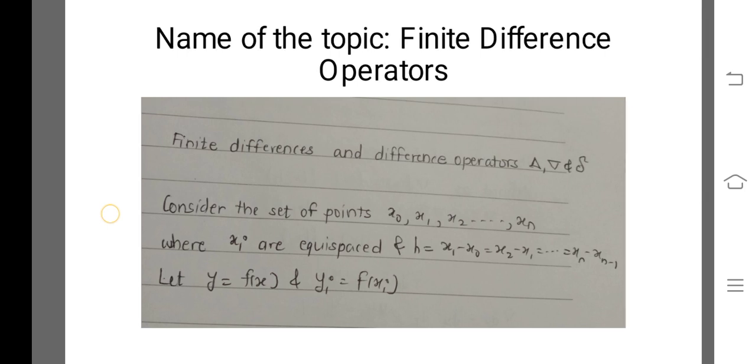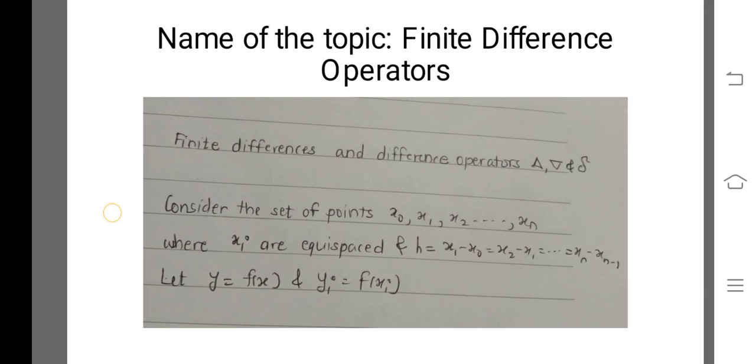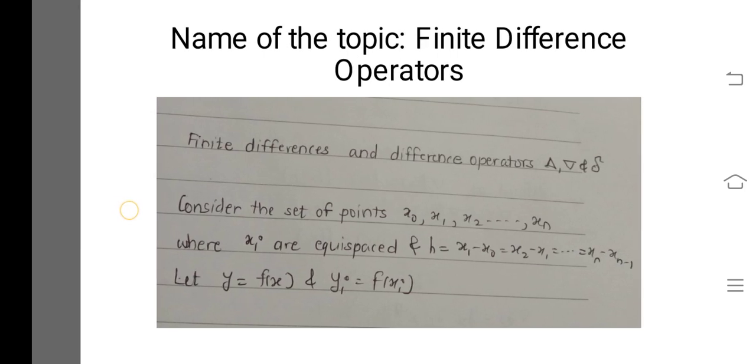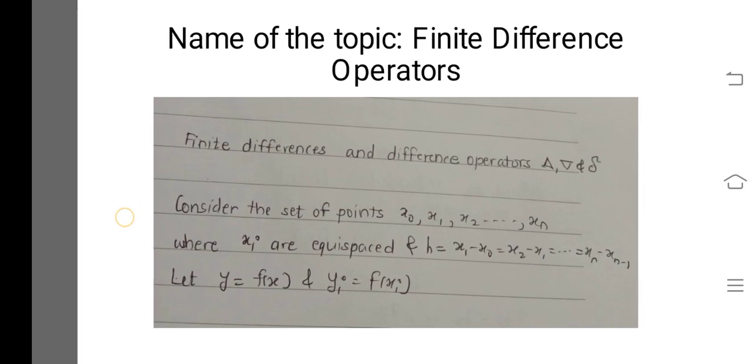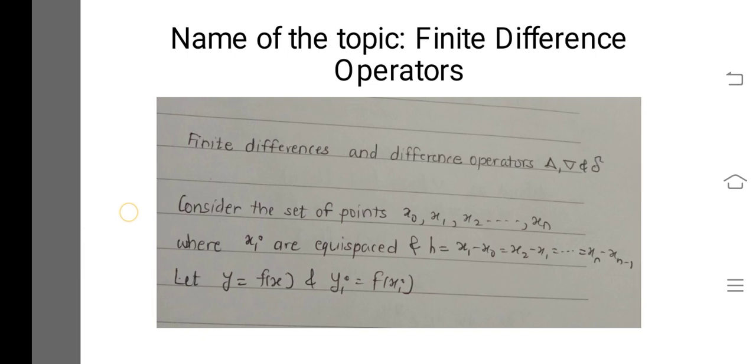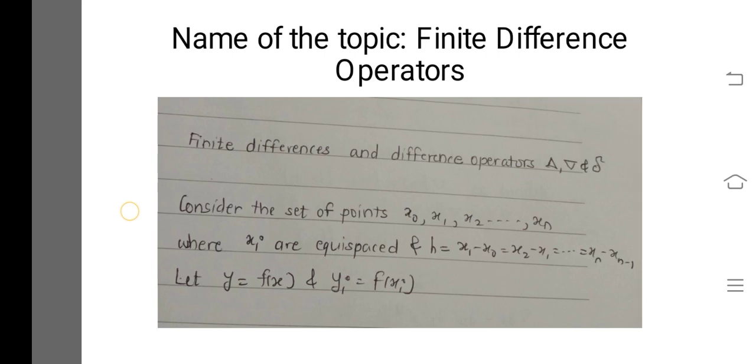We require the set of points x0, x1, x2, and so on up to xn, such that the xi points are equispaced, that is, the difference between any two consecutive points is always the same. So the difference x1 minus x0 is the same as x2 minus x1, which is the same as x3 minus x2, and so on.